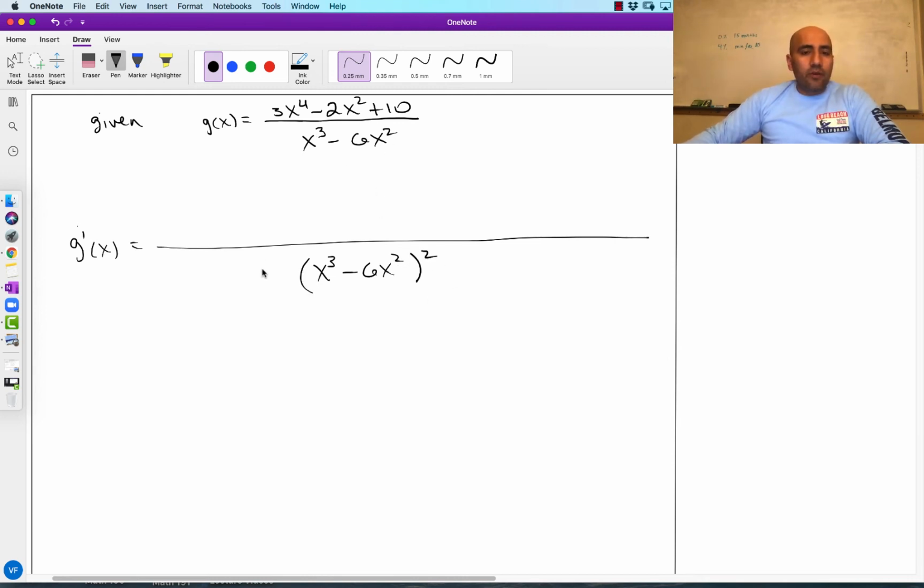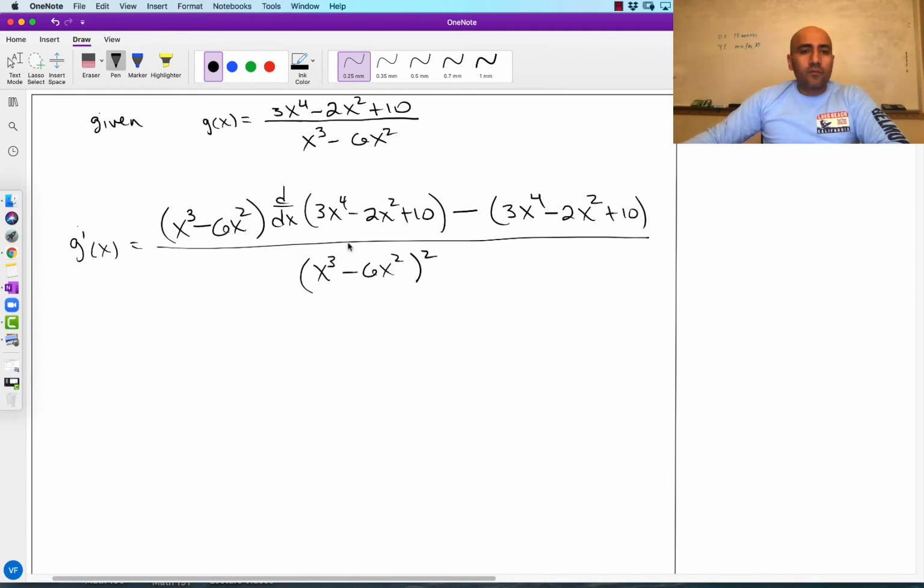And then the numerator, remember it's low d high, so it's going to be x cubed minus 6x squared times d high, the derivative of the numerator, minus high, that would be 3x to the 4th power minus 2x squared plus 10, times d low. So low d high minus high d low. Now that's all that's left.